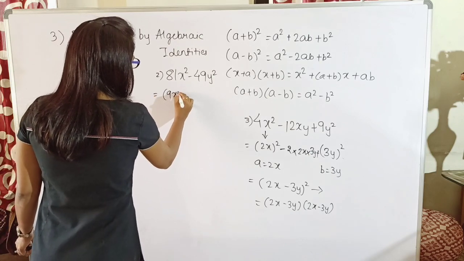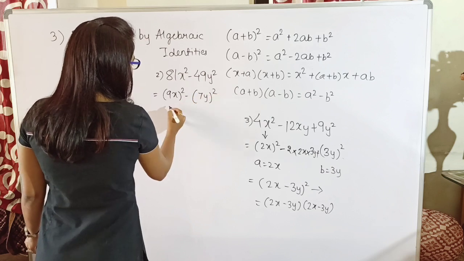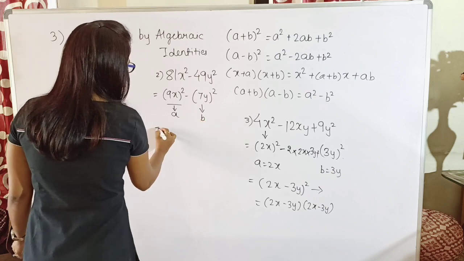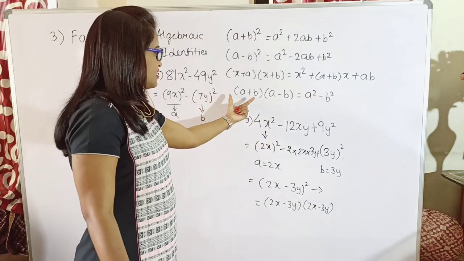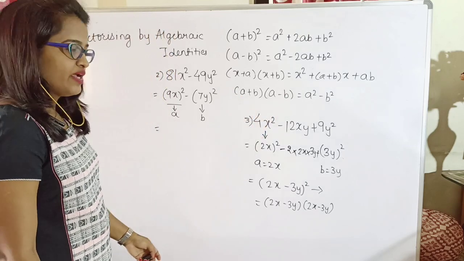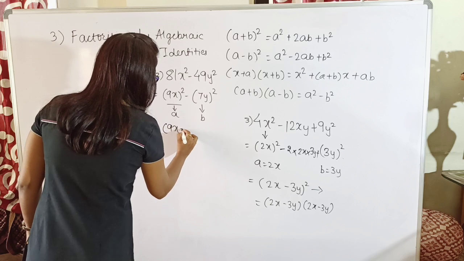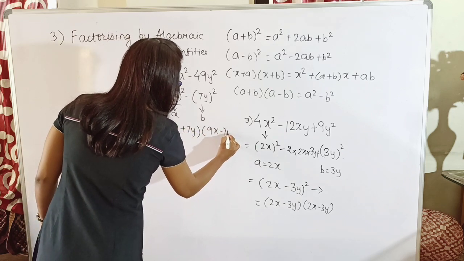It is the square of 9x, whereas 49y square is the square of 7y. So it is comparable to a square minus b square. Yes. And how could it be written? It could be written as (a plus b) in one bracket, whereas (a minus b) in another bracket. So write it down: (9x plus 7y)(9x minus 7y).